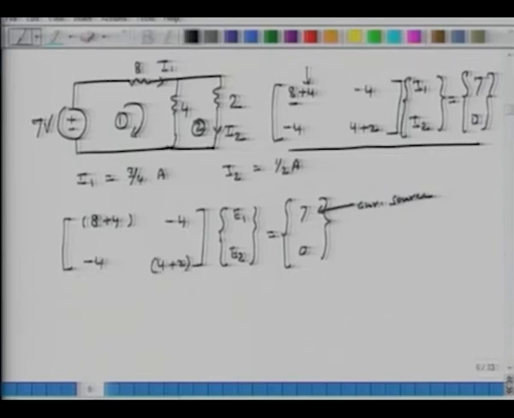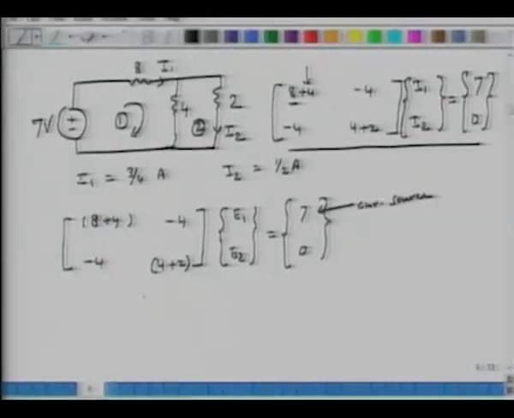So now we construct a circuit for this. My first thing is that there is a 7 amp current source. How many nodes does this element have? 2 nodes. The first is at a potential E1, the second at a potential E2. What is the element connecting E1 and E2?